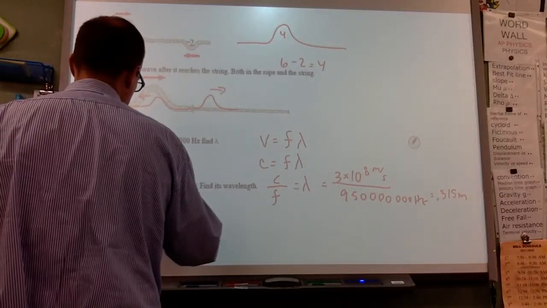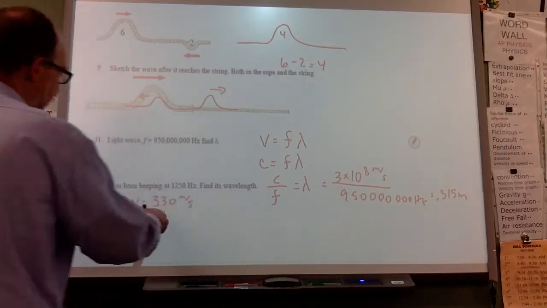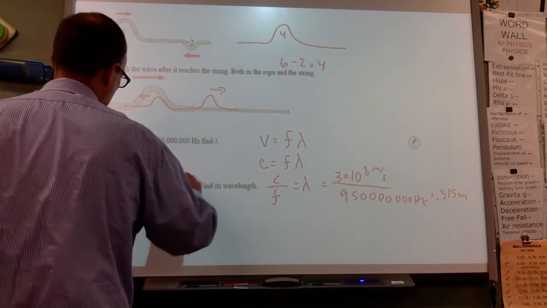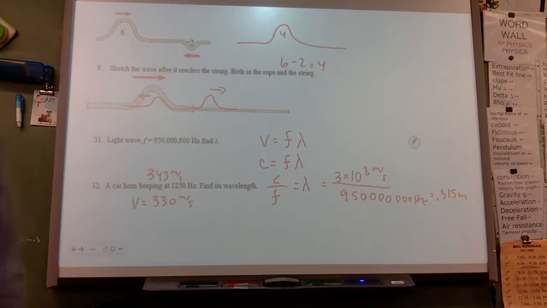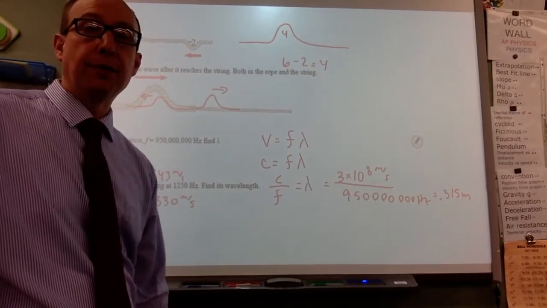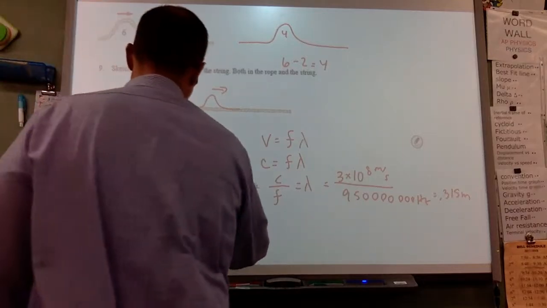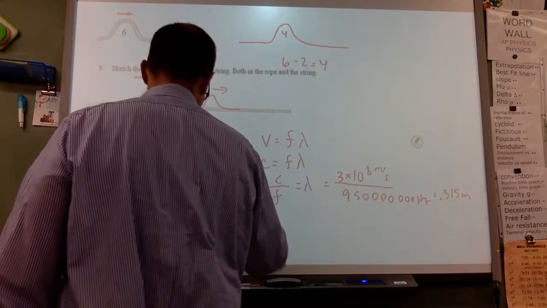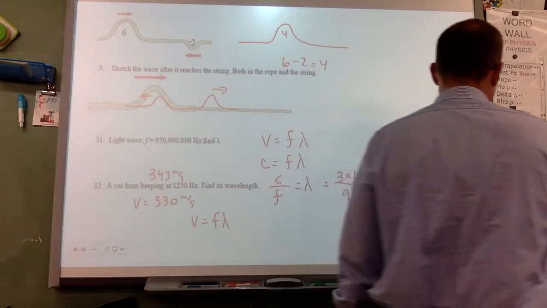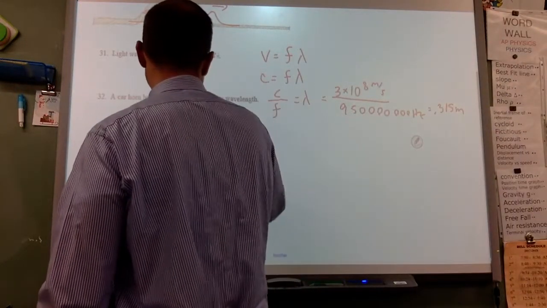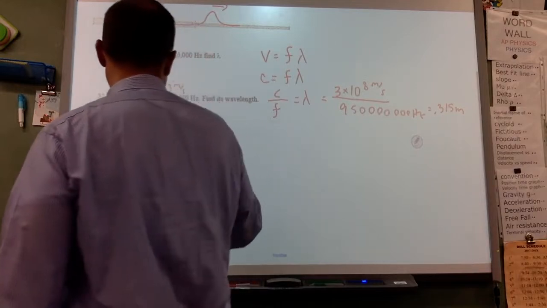And they should tell you, but it's either going to be 330 or 343, are typically the two that we use in problems like this. So again, our velocity is frequency times wavelength. So to get the wavelength, I'm going to take the velocity over the frequency.